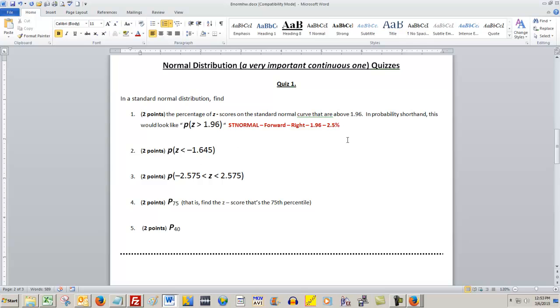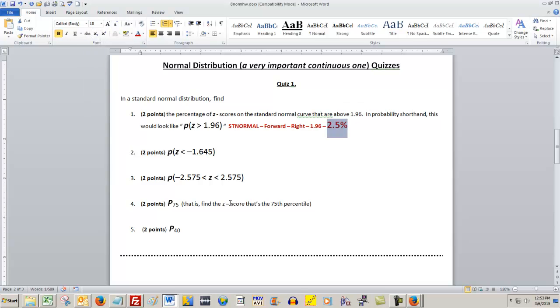And the reason, hopefully you see why it's 2.5%, is that if 95% of all the data is between negative 1.96 and positive 1.96, that means the other 5% is outside of those two. Half of it's going to be on the right side, half's going to be on the left.